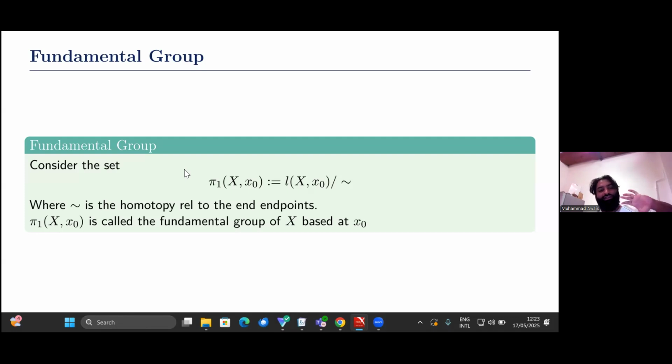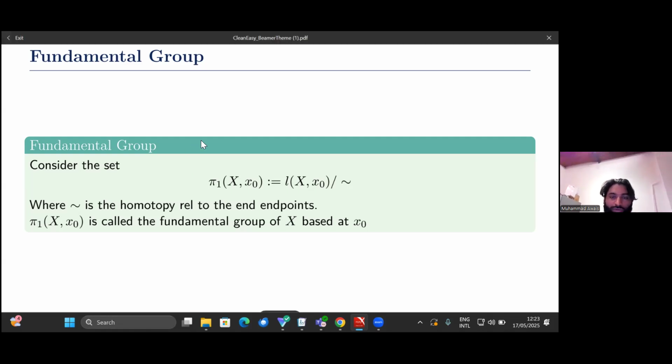So in this relation, both loops are the same, and that's why we are interested in this relation. The loop which I can continuously shrink or transform or move to other loops, I want to treat as the same, so that's why this relation is important. So this is the definition of the fundamental group. Okay, and for the moment, it depends on the base point x naught which we choose.